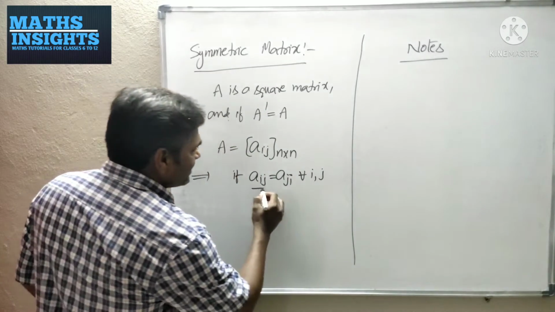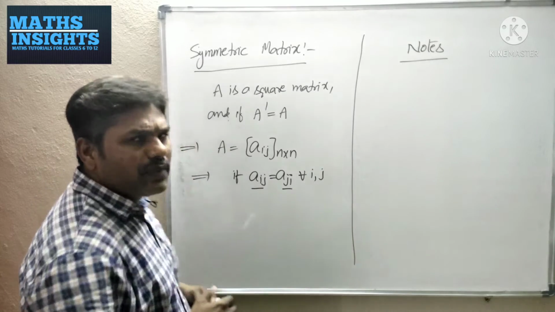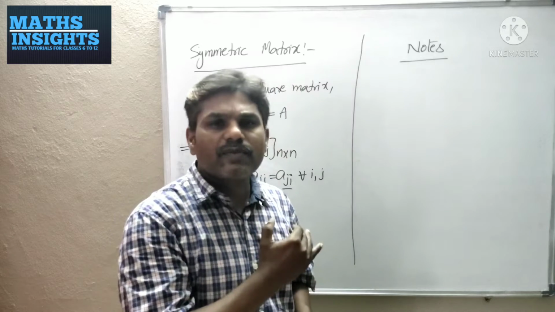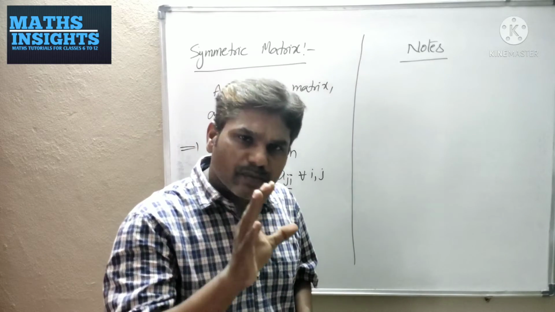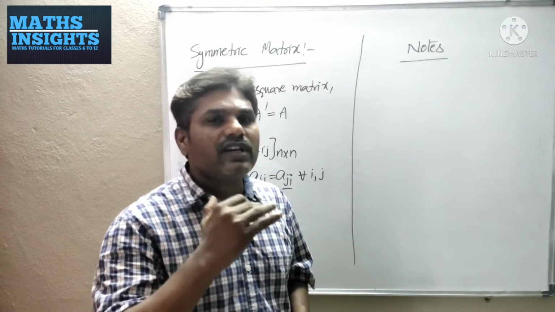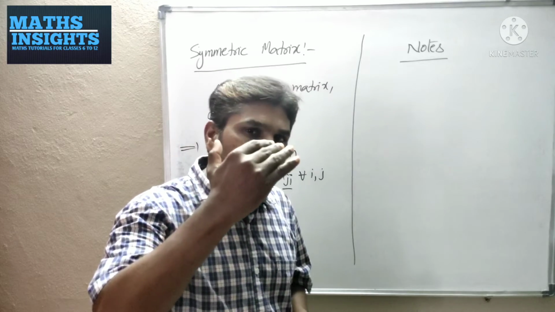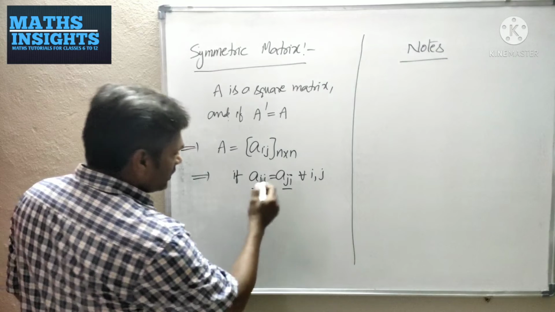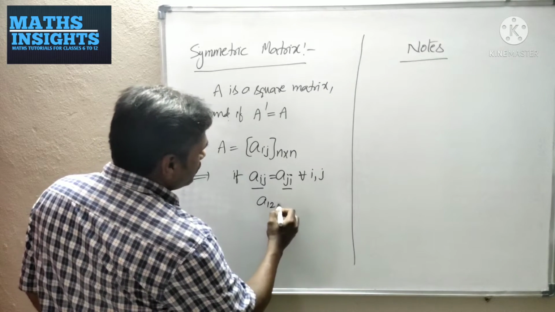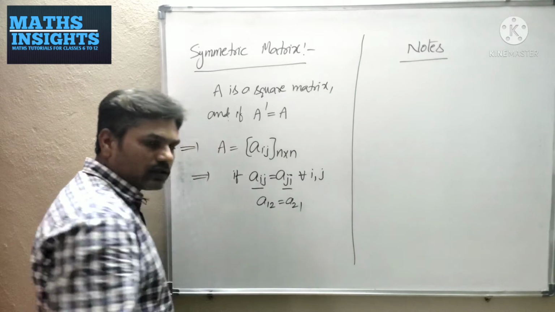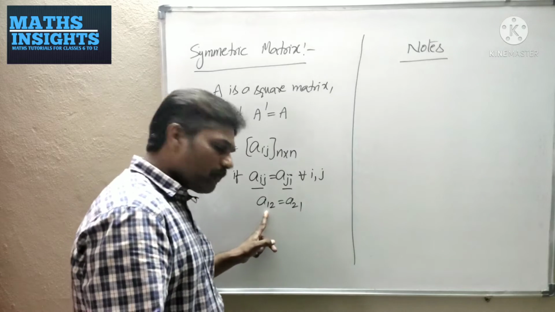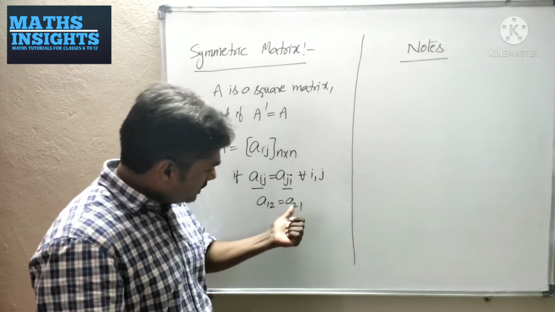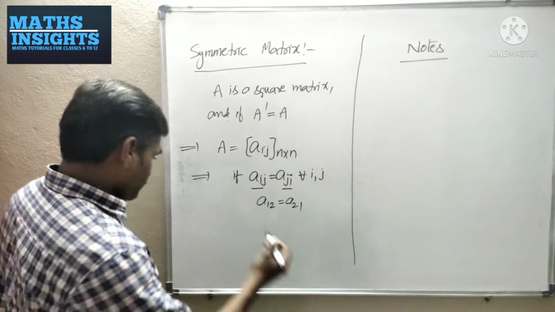What it is saying is the elements above the principal diagonal and below the principal diagonal must be the same. You cannot take different elements above and below the principal diagonal. Why? Because A12 is equal to A21. A12 means first row, second column, and that element must be equal to the element in the second row, first column.